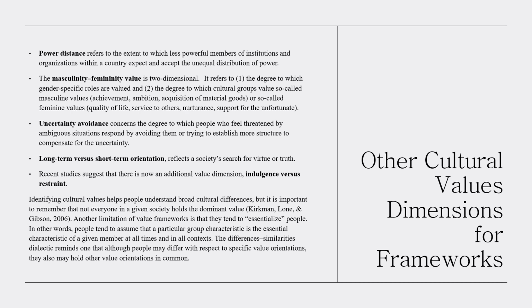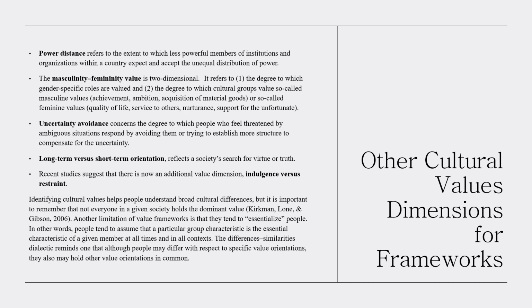Another limitation of value frameworks is they tend to essentialize people. In other words, people tend to assume that a particular group characteristic is the essential characteristic of a given member at all times in all contexts, right?